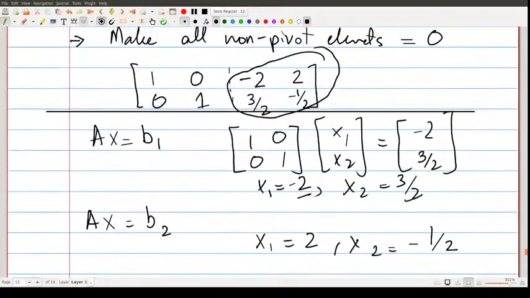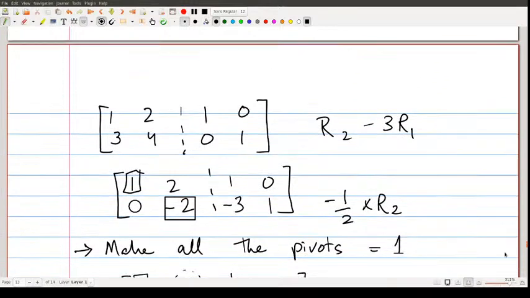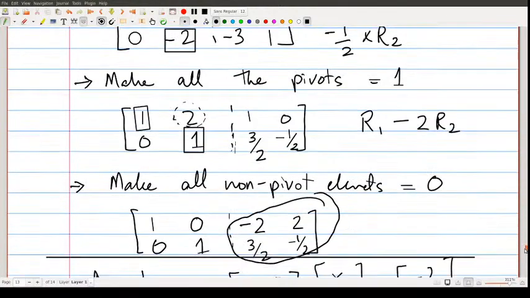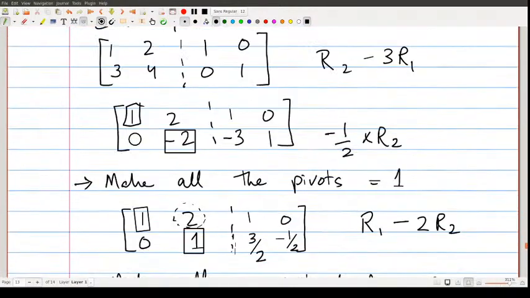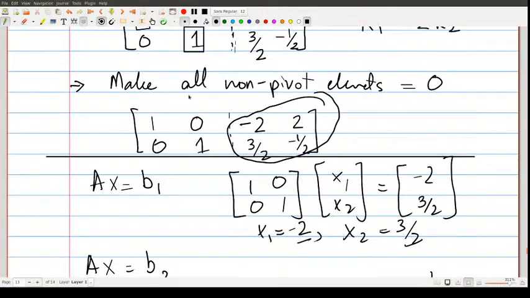So what happened was, this matrix was A and this matrix was I. So when you augment matrix A with the identity matrix and you do Gauss-Jordan elimination, you get the identity matrix here and A inverse here.